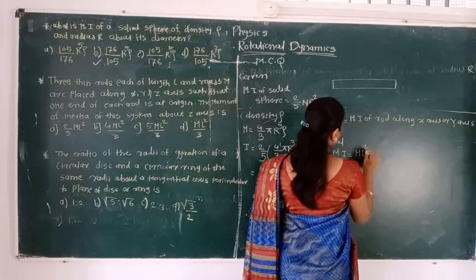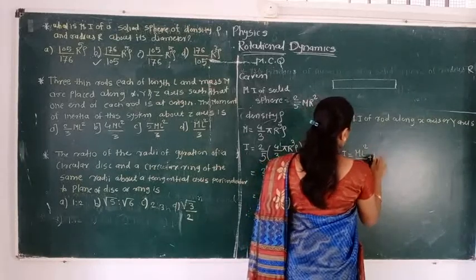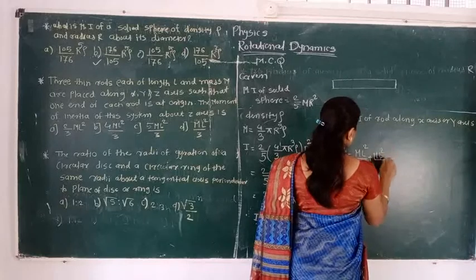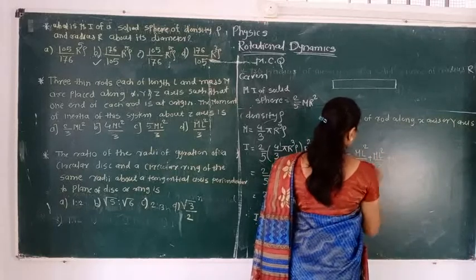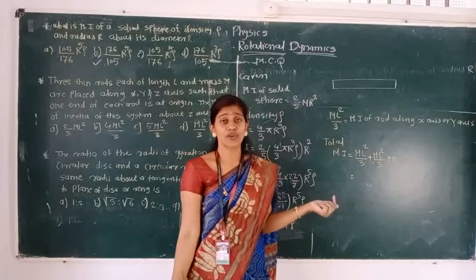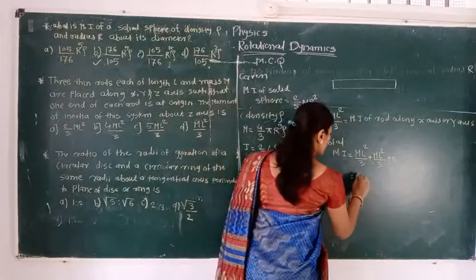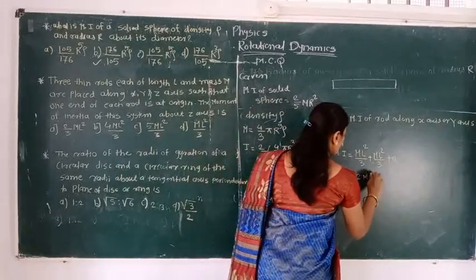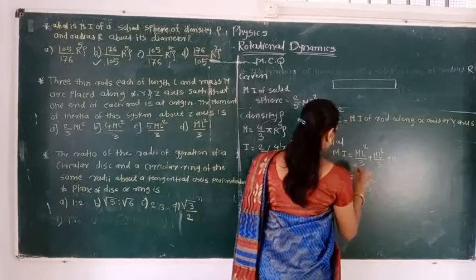It is ml²/3 plus ml²/3 plus 0, because about the z axis the moment of inertia of the rod is 0. So here we will get twice ml² divided by 3.